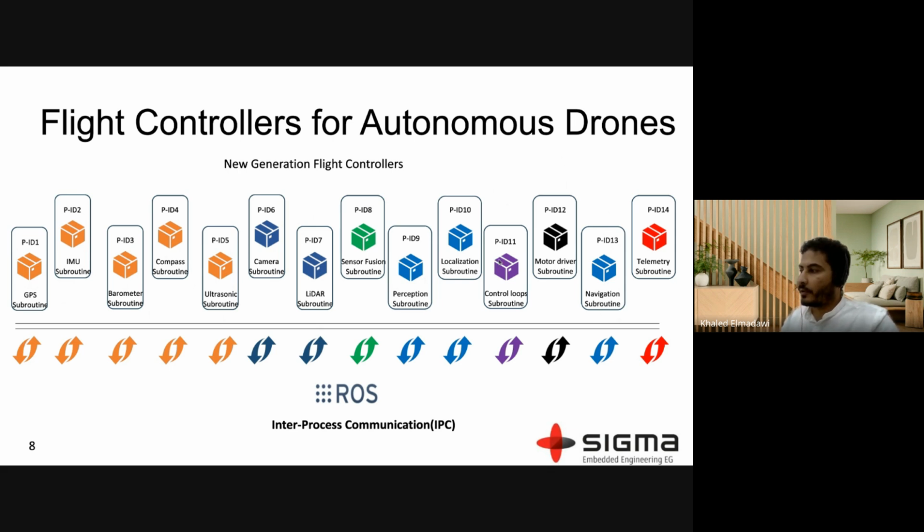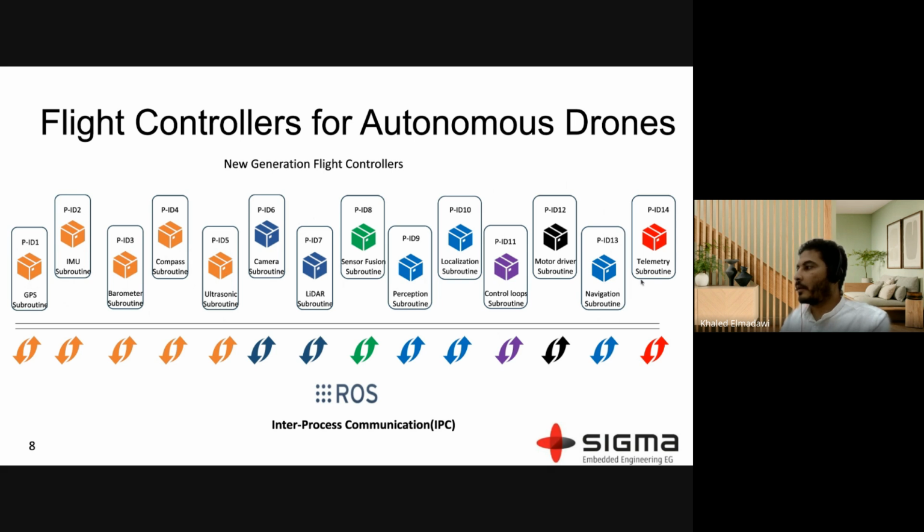And then it will set the behavior to the control loops, which will go to the sensor fusion, and then it will see what are the control commands that are required to be sent to the motor drivers process that will send them to the motors directly.